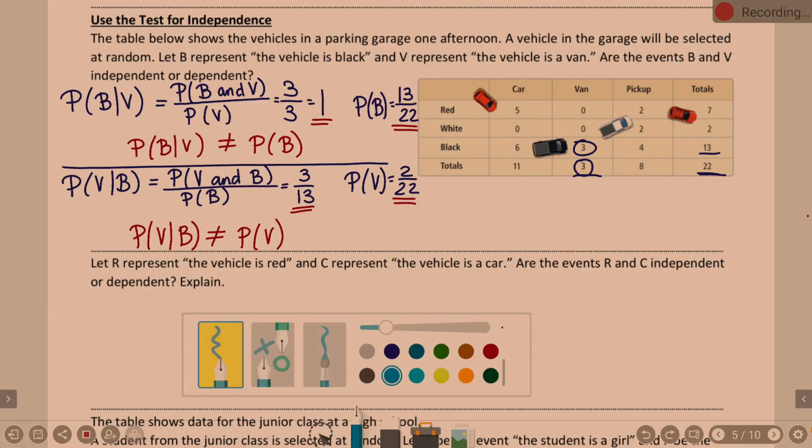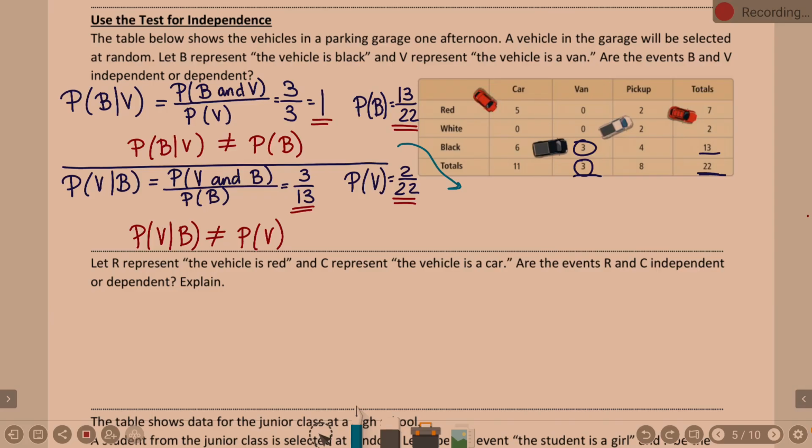Thus, what can we say? These events are dependent. Because there's a test for independence, it failed the test. So events B and V are dependent.